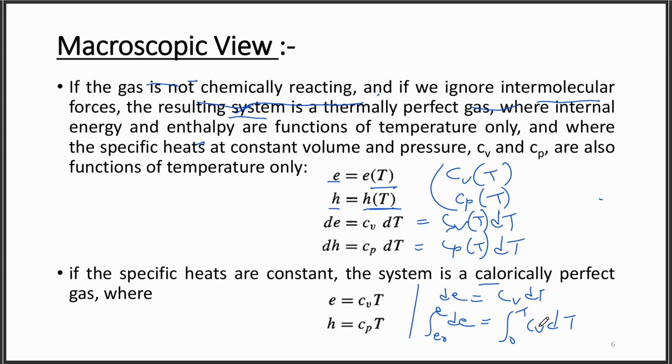Since Cv is constant, it can come out. So its integration will be E minus E naught equal to CvT. At T equal to 0, it is assumed that there is no internal energy. So E will be equal to CvT. Similarly, H equal to CpT.